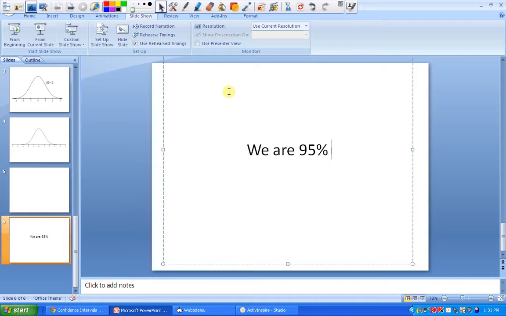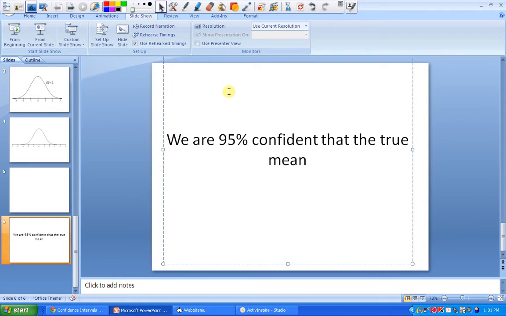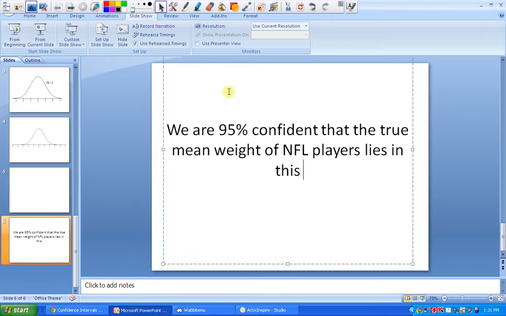We are 95% confident that the true mean, and whatever your parameter is here. We might be talking about the population proportion; then you want to say we are 95% confident the true proportion. But in this case, we're talking about the mean. So we are 95% confident that the true mean weight of NFL players lies in this interval.